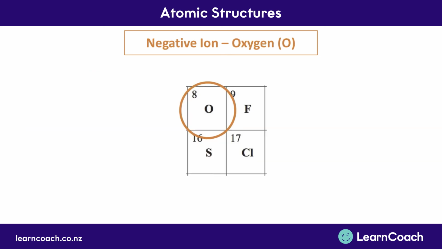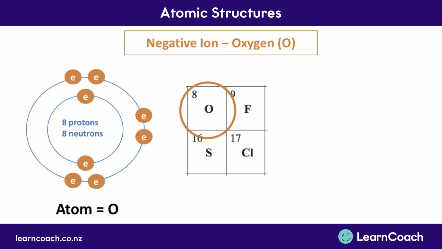So now let's have a look at a negative ion. And an example of this is oxygen. So as you can see, oxygen has an atomic number of 8, which means that it has 8 protons, and because the number of protons and electrons is equal within an atom, this means that the oxygen atom is going to have 8 electrons, 2 sitting in that first shell and 6 sitting in that next shell.